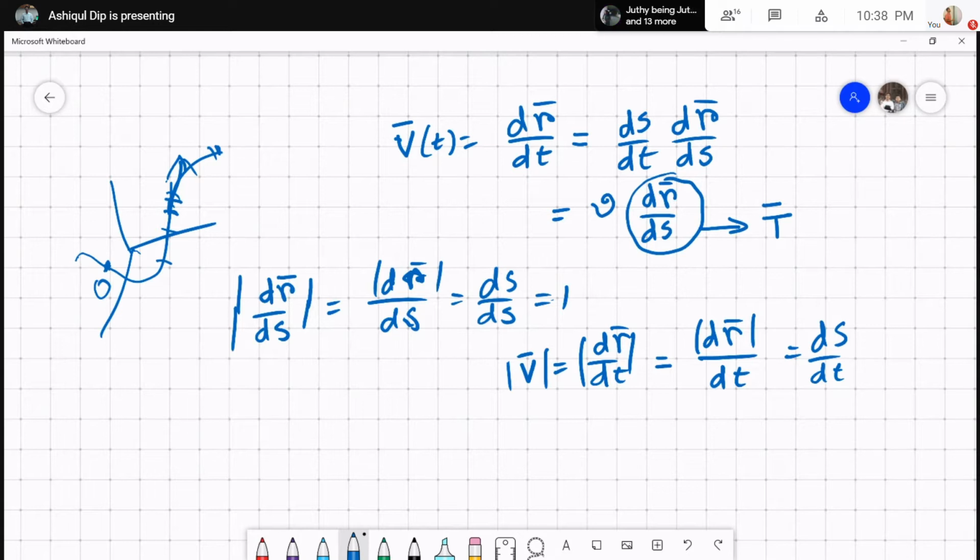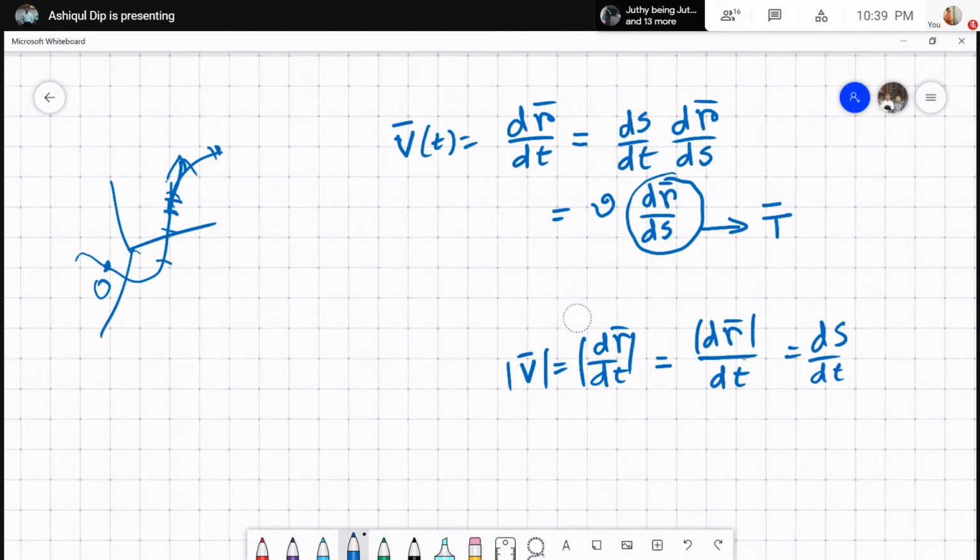So in the TNB frame, in this new frame, our velocity vector v as a function of t can always be written as the magnitude of v times the tangential direction, which means velocity is always tangent to the curve that the particle is moving through, right?